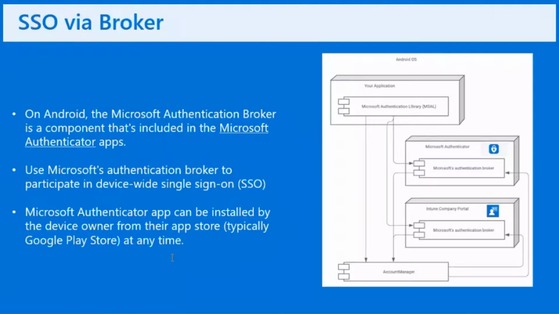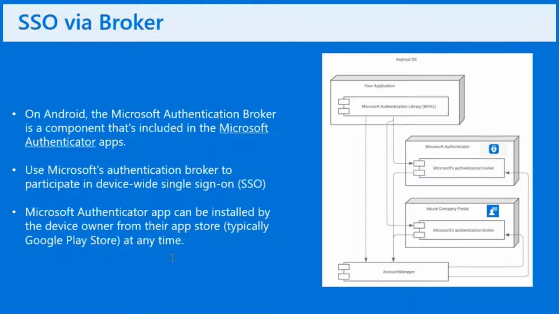So what exactly is a broker and how is SSO via broker achieved? Well, as I mentioned, the Microsoft Authenticator Broker is a component that's included in the Microsoft Authenticator app. The Microsoft Authentication Broker can be utilized to provide device-wide single sign-on, and it also helps you meet organizational conditional access policies.